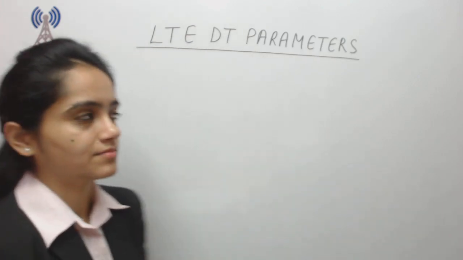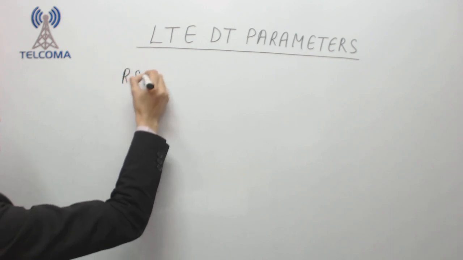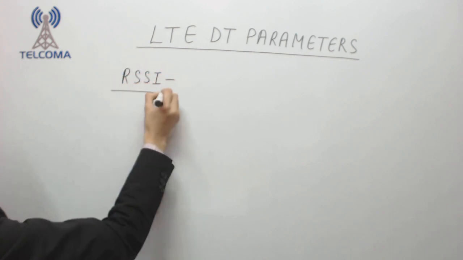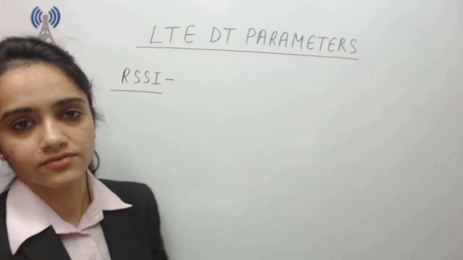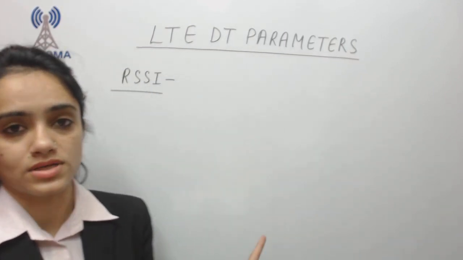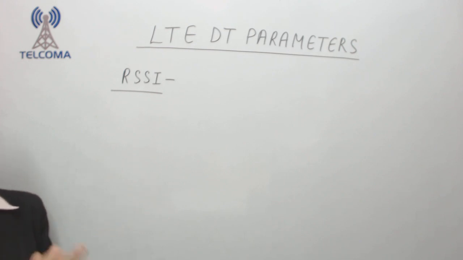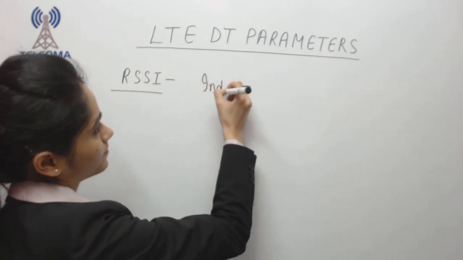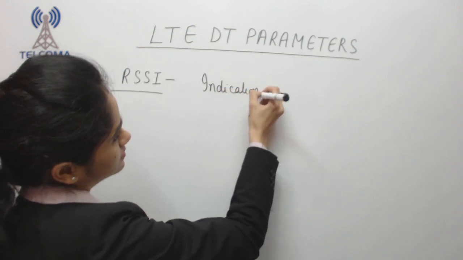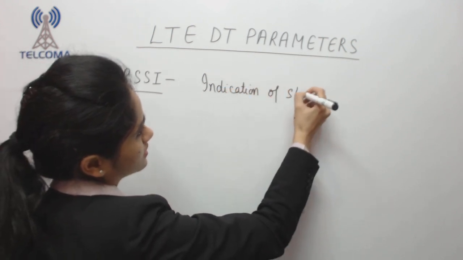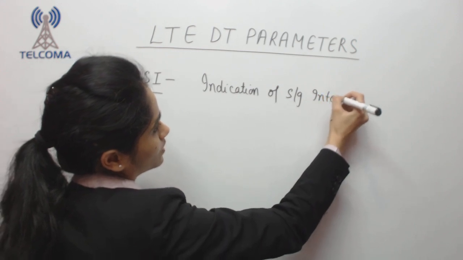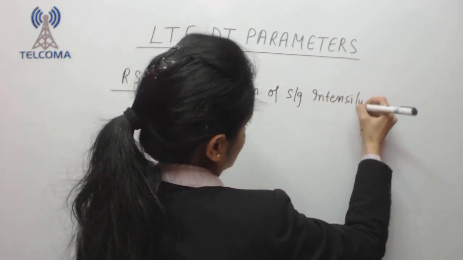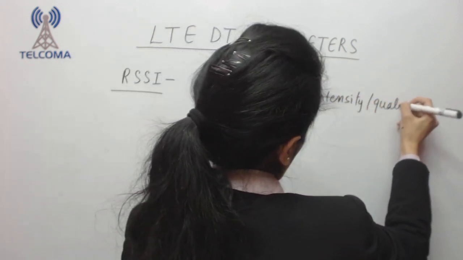Next we have RSSI. This is basically wideband power including intracell power, interference and noise. That means this is a complete combination of all the power, and it is an indication of signal intensity, or I can say an indication of signal quality.